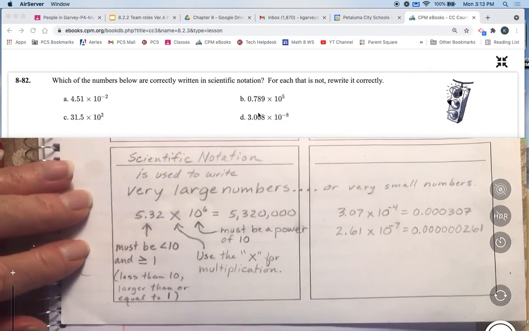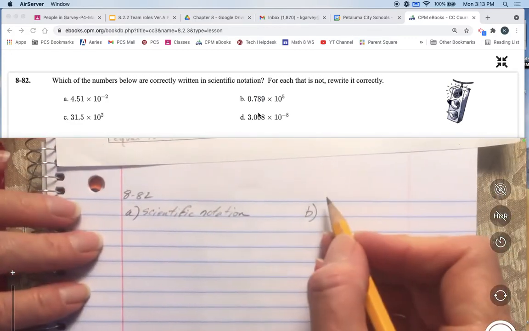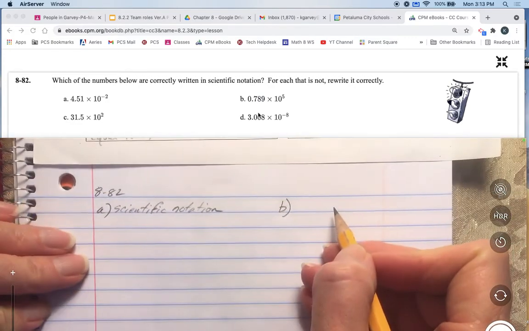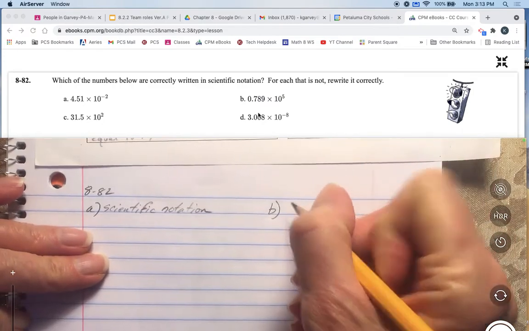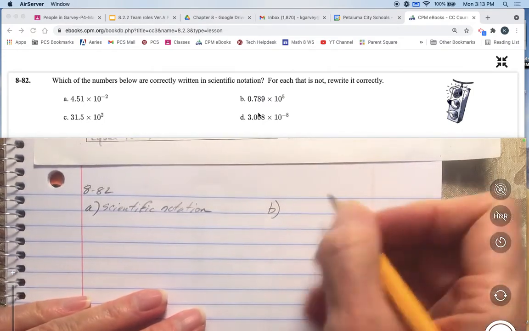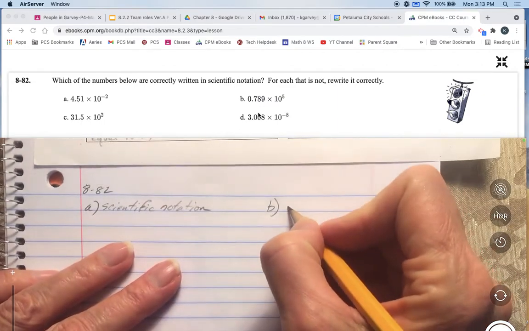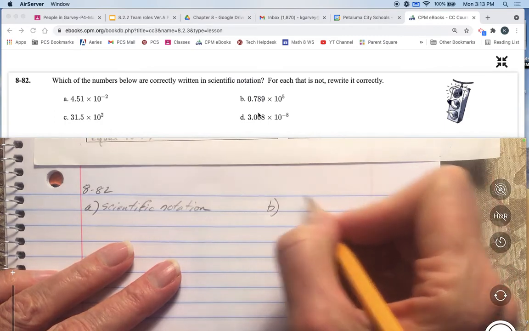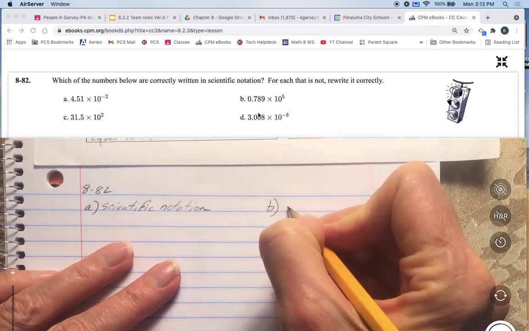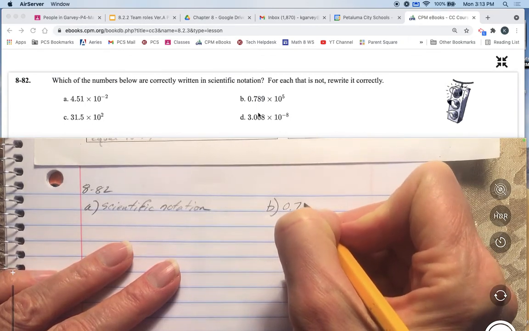So the great thing about scientific notation is that both of those factors, multiplied together, equal the number that it's supposed to be. So we can actually just trade tens between these numbers. So this number right now is 0.789.